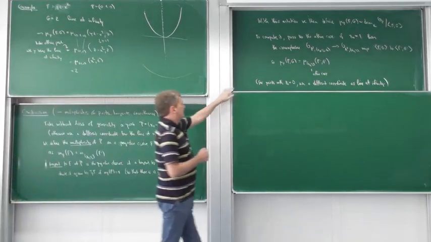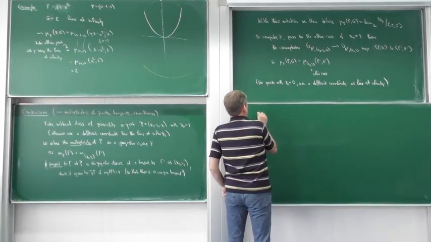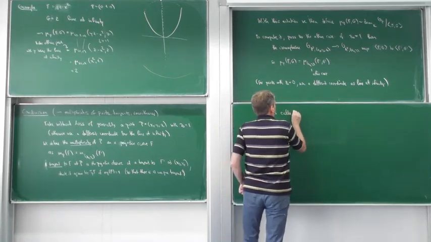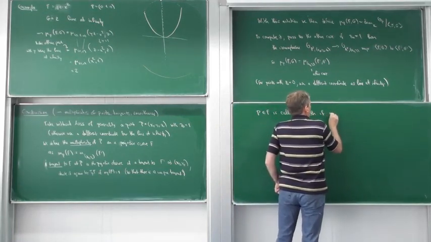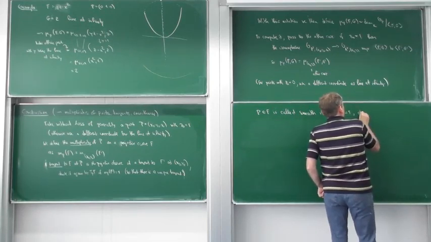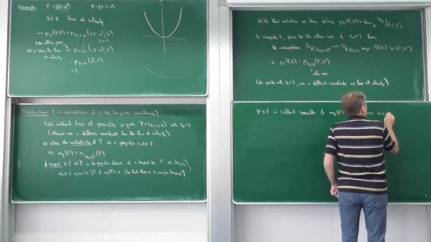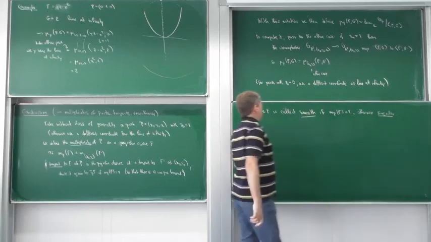So we maybe write down this definition, namely: a point P on F is called smooth if m_P(F) is 1, otherwise singular. With the variants in the same way as we had it for affine curves.